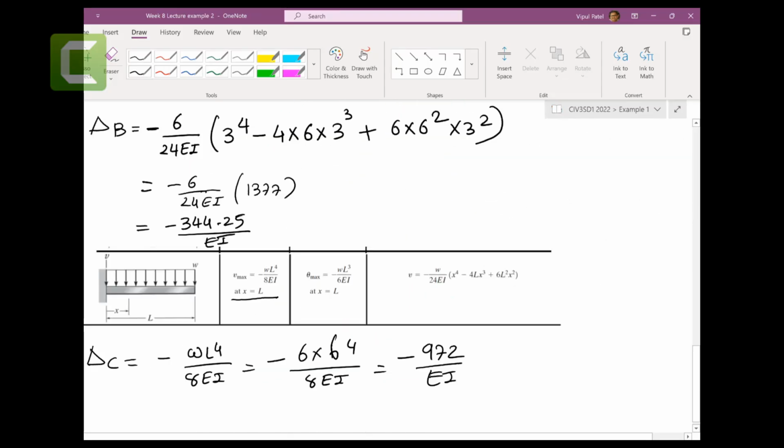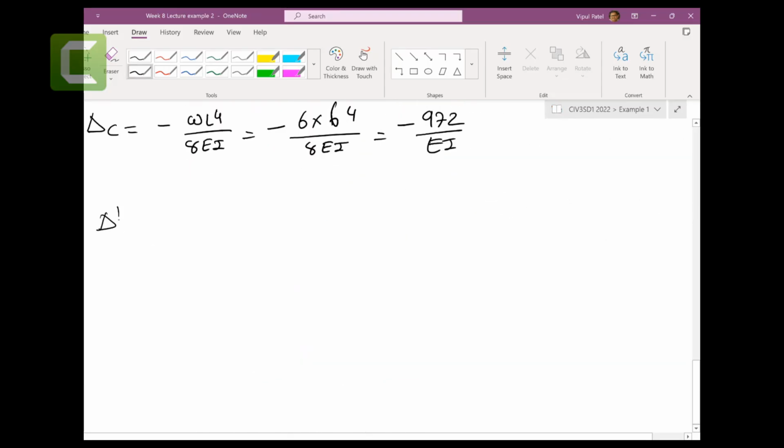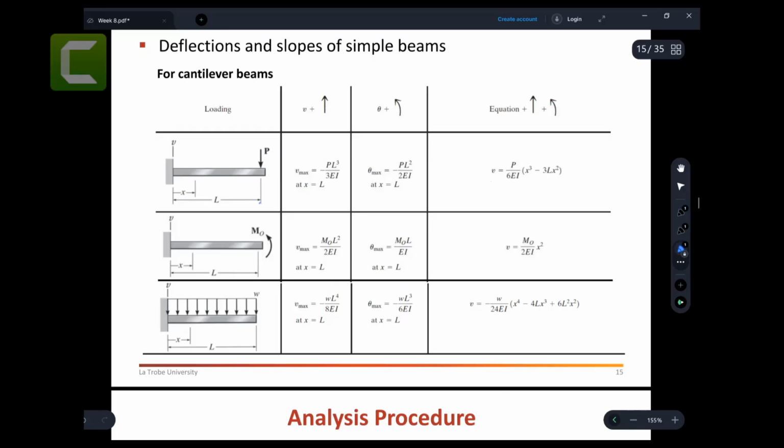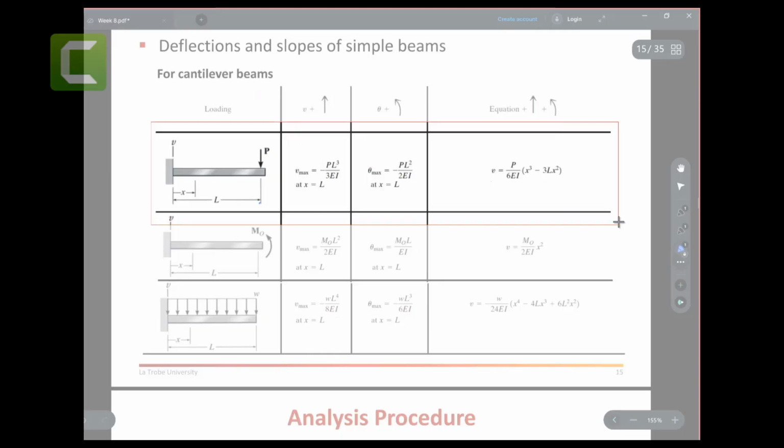So let's say delta dash BB1 we need to find equal to. I think there are equations that we can use again.